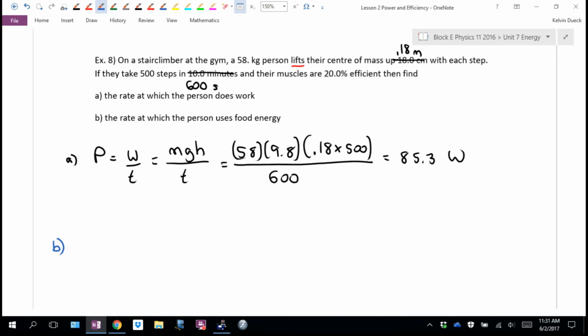Kieran, what does B want me to find? It wants me to find how much power this person put in to get that power out. We're going to use efficiency, which is power out divided by power in.